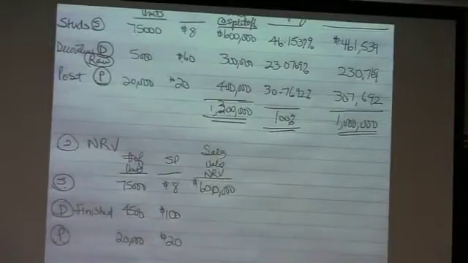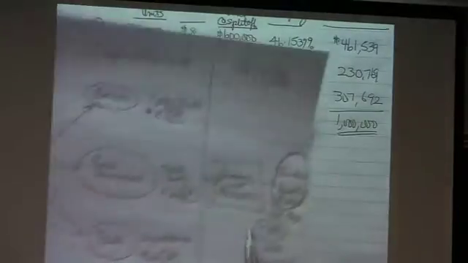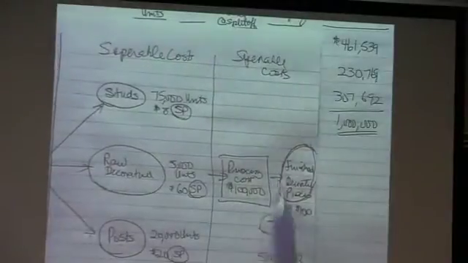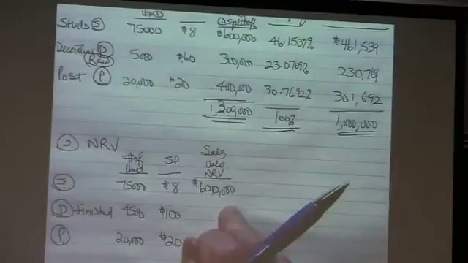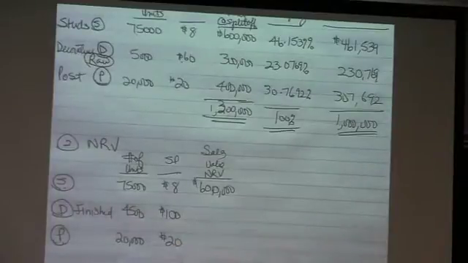Okay, so let's do that math. That is 450,000. But remember, we have a processing cost of 100,000. So the sales value, the NRV value is going to be, I'm going to put a little star beside that one.